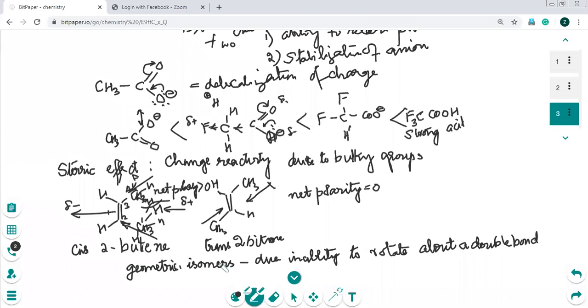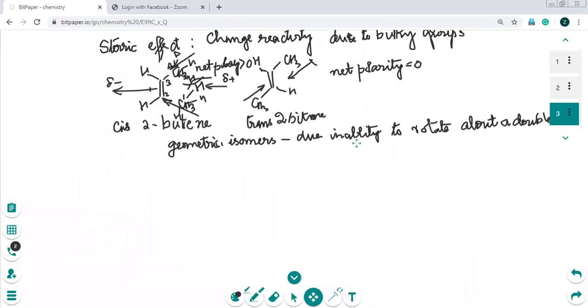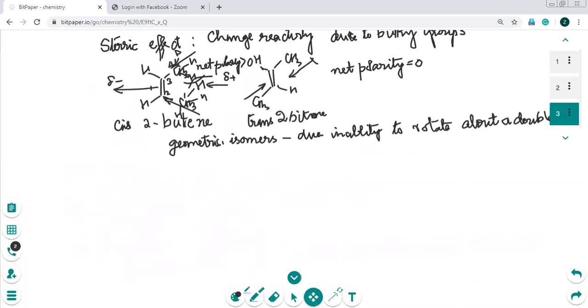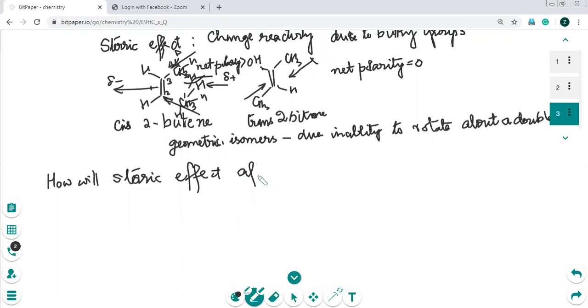Similarly, we have seen the steric effect, and now how the steric effect will affect conformation of molecule.